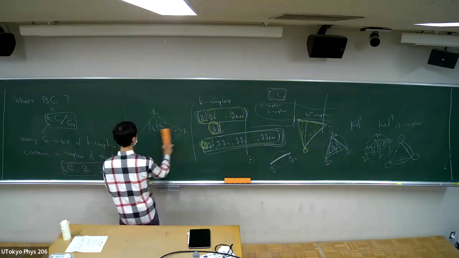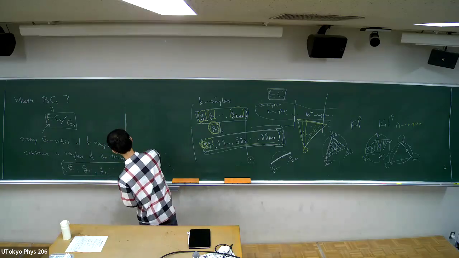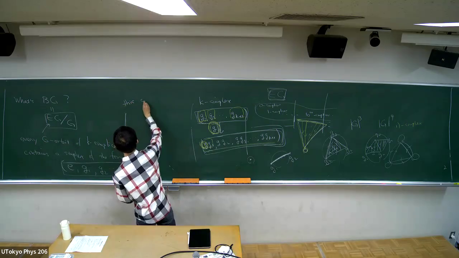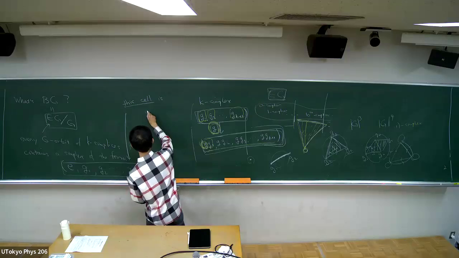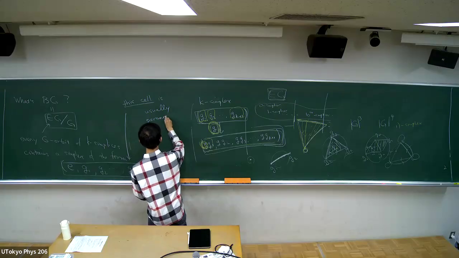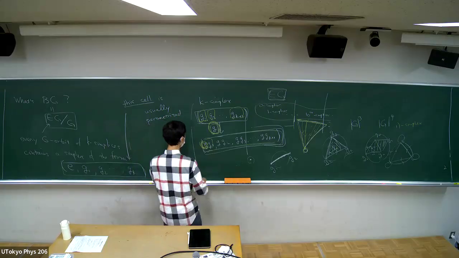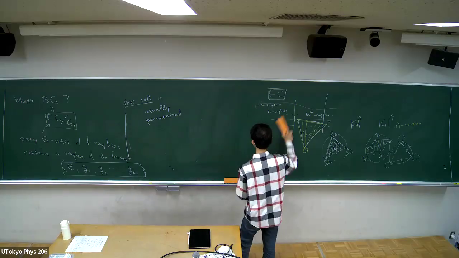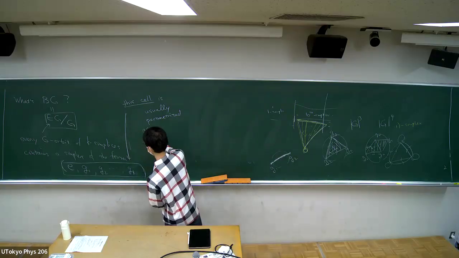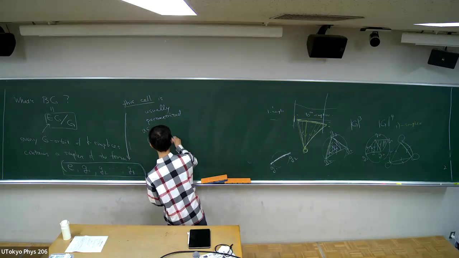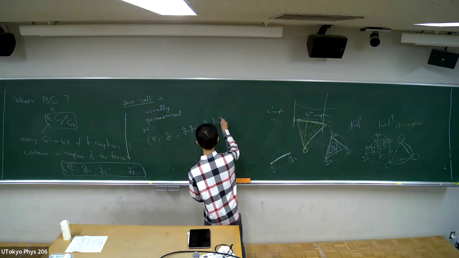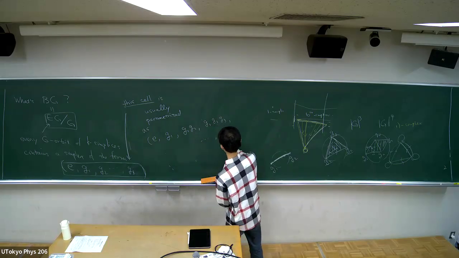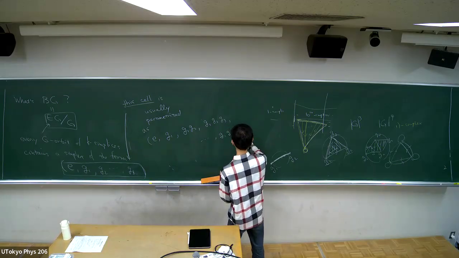It's customary to label this cell. This cell is usually parameterized as E, G1, G1 G2, G1 G2 G3, ..., G1 G2 ... GK.